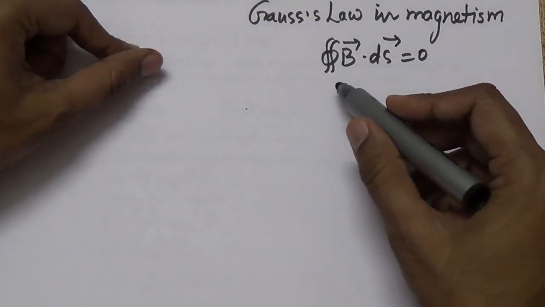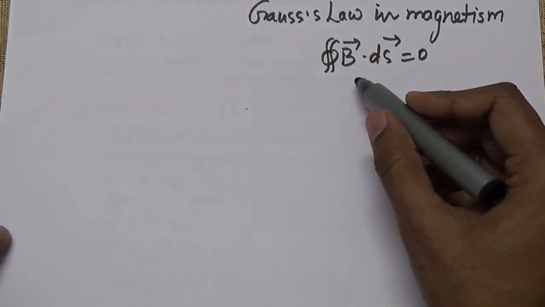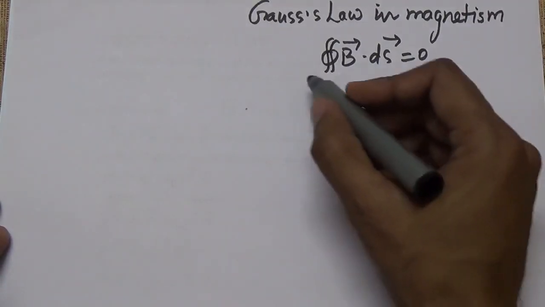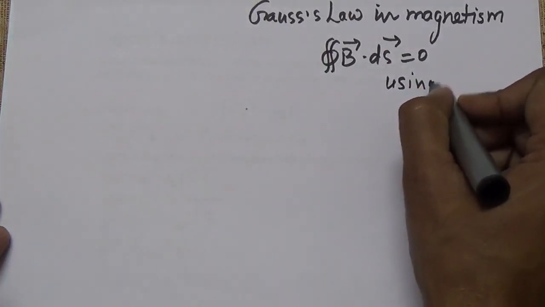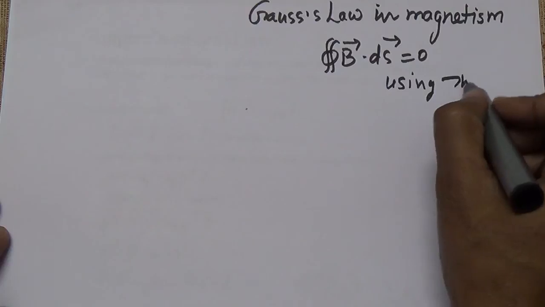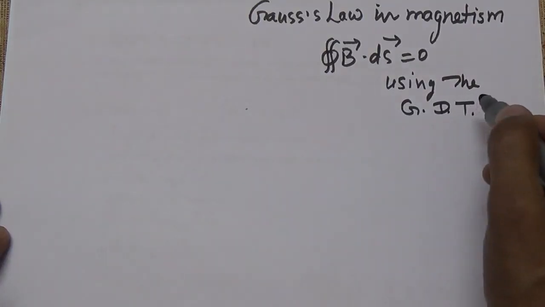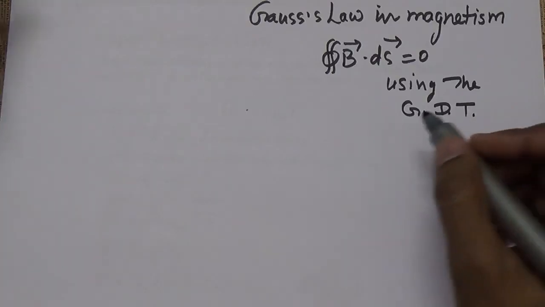So now again we can use the Gauss divergence theorem, and using the Gauss divergence theorem I can write here the mathematical statement directly.